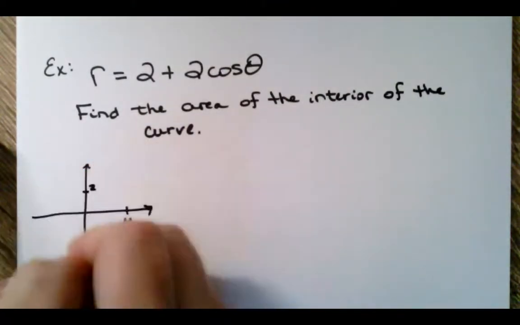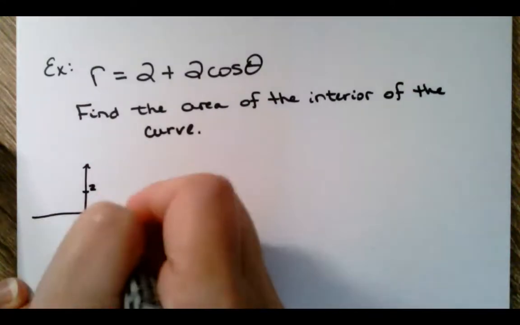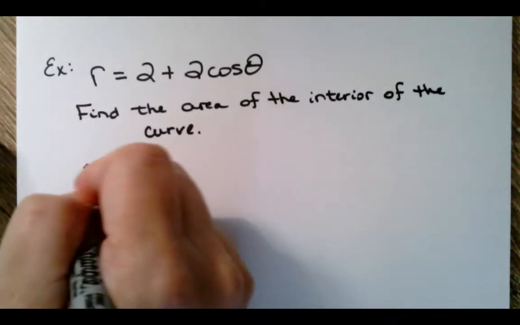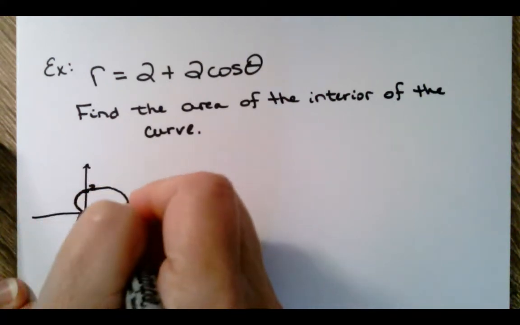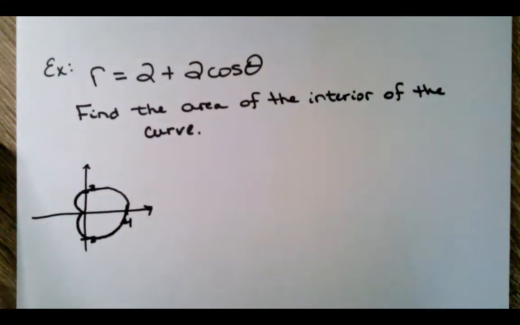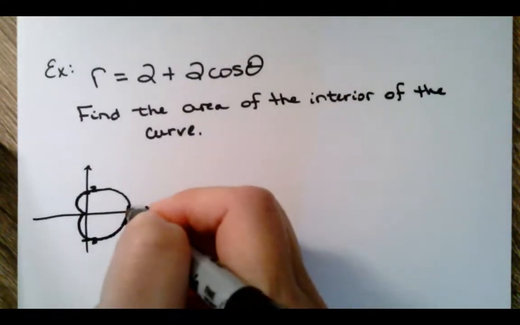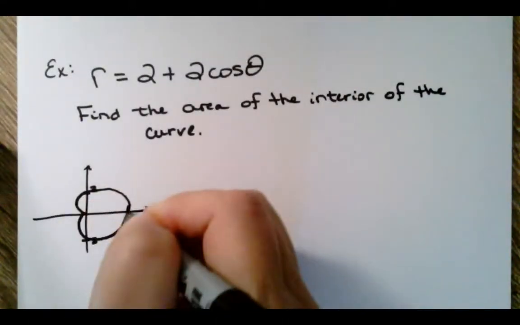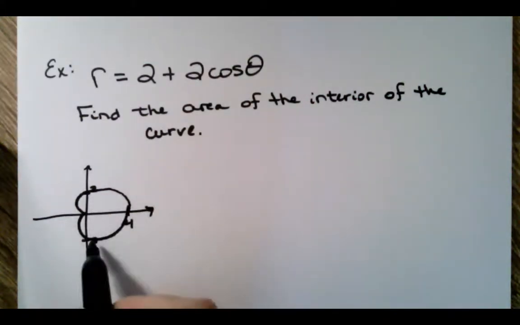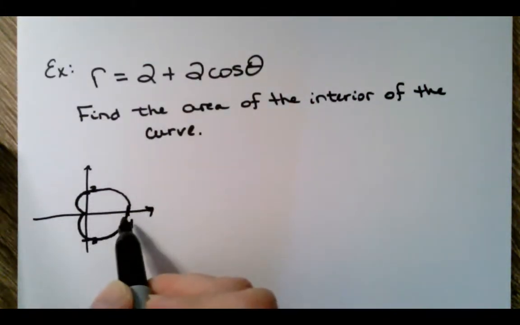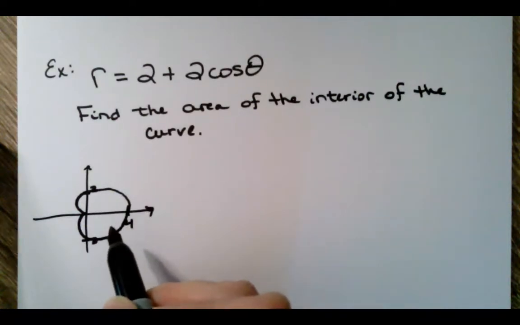It's going to cross here at 2 and 2. And this curve is going to look something like this. Not the best cardioid I've ever drawn, but we get the idea. It does start at 0, and it goes all the way to 2 pi as we get down. So if I want the area of this whole entire region, those are the two angles where I'm starting and stopping.